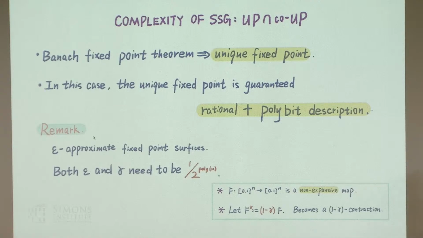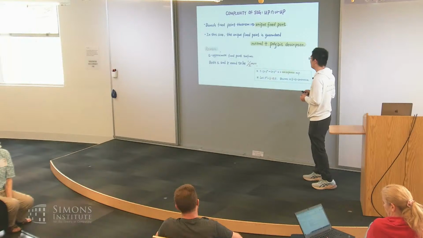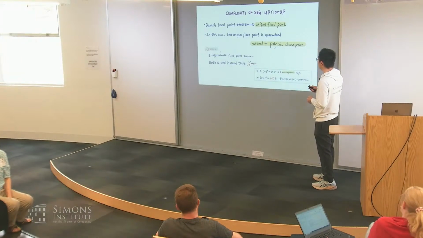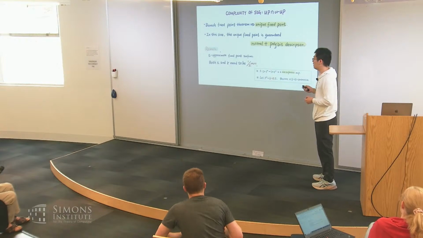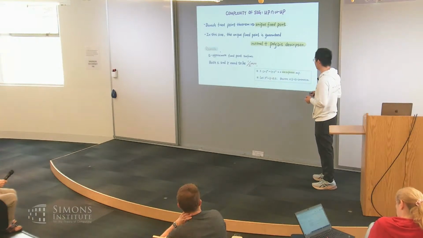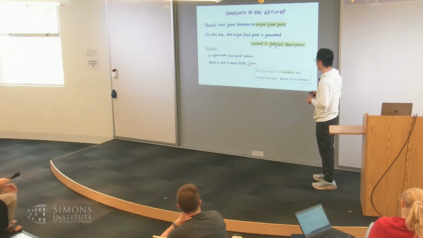So what is the meaning of epsilon approximation? Can you say what is the meaning of that epsilon approximations are sufficient? Yeah, so previously we were trying to find the exact unique fixed point, but I'm saying here, in this reduction, this is the function defined by a simple stochastic game, and this is the artificial function that we times the 1 minus gamma.